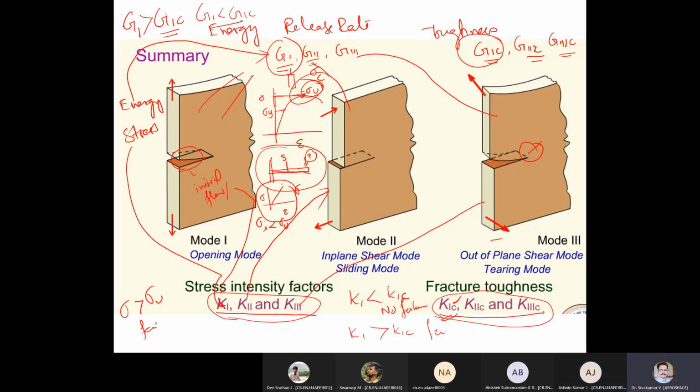This is the final goal: when a material will start failing in the fracture field. So every material is tested in the laboratory for its fracture parameters for mode 1, mode 2, mode 3. How to find mode 1, mode 2 and so on, a set of procedures is available.